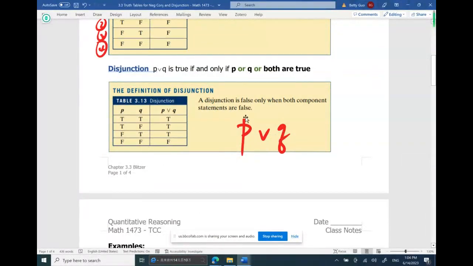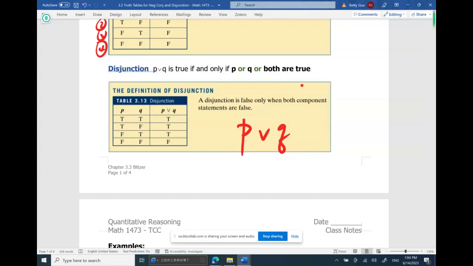If any one of the two component statements is true, then the disjunction is true. We do not need both of them to be true to make the disjunction true. If at least one is true, then the disjunction is true.